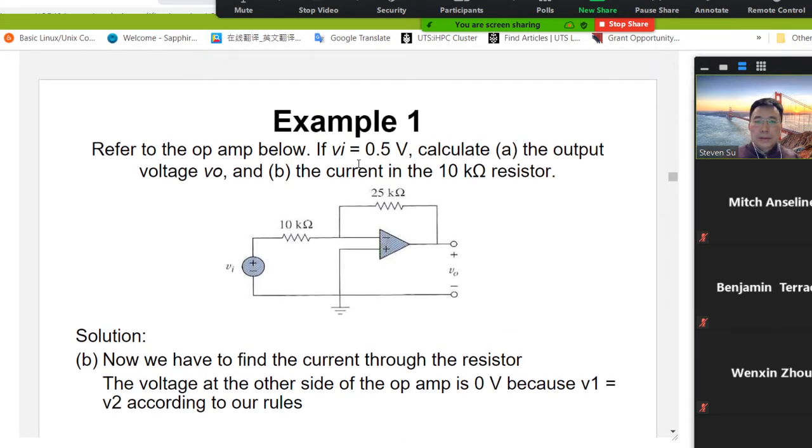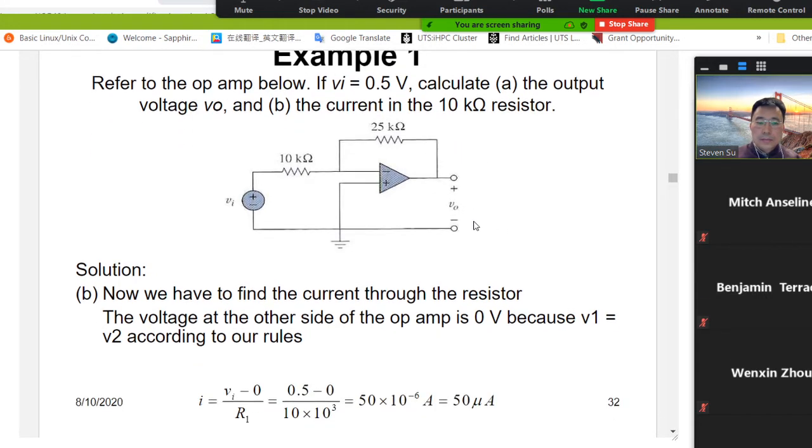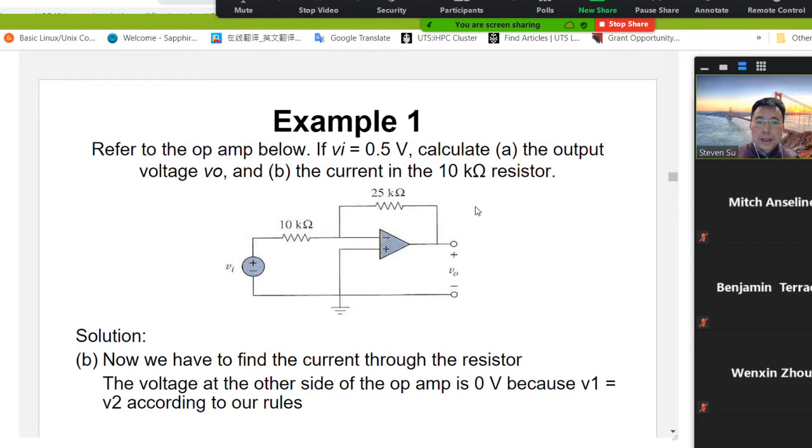For this one, they also ask for the current through the 10k ohm resistor. So how do we calculate the current here? What's the voltage here? Minus equals the plus, right?